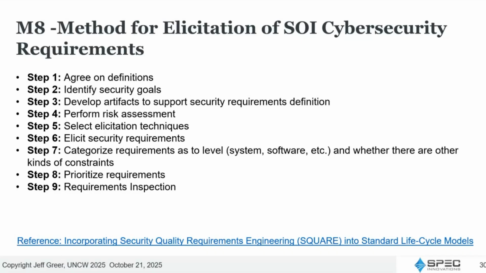There's different ones that she covers in her article on this topic. Then you capture your security requirements, and then you categorize your requirements as to level, system, software, etc., and whether there are other kinds of constraints. Then you prioritize your requirements, and then you go back through and you review the whole list or inspect it to make sure it's what everybody's agreeing on.